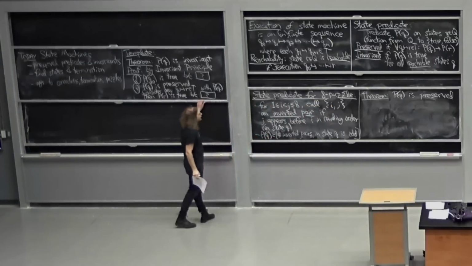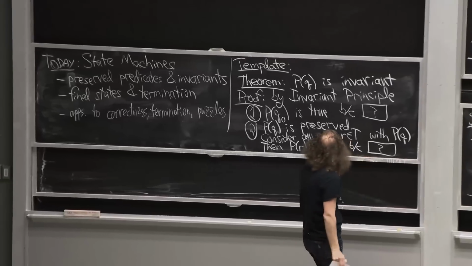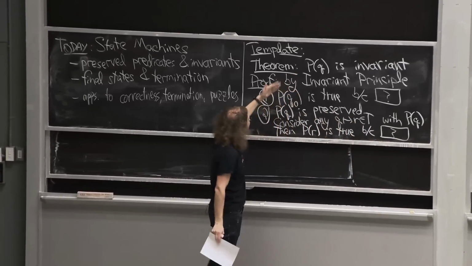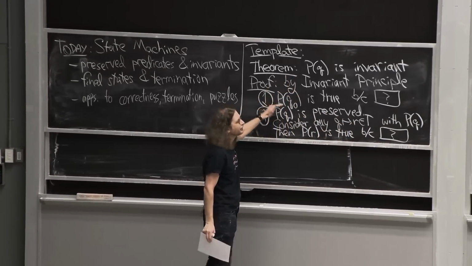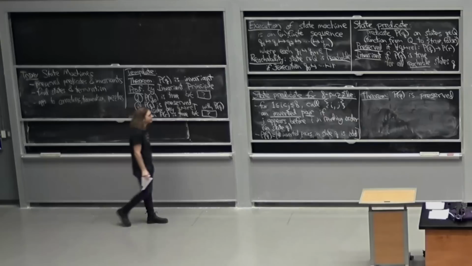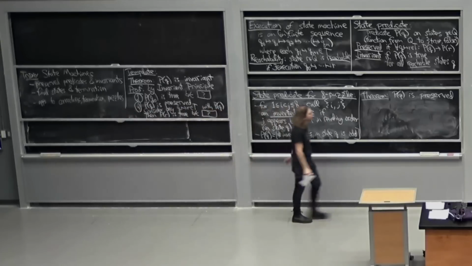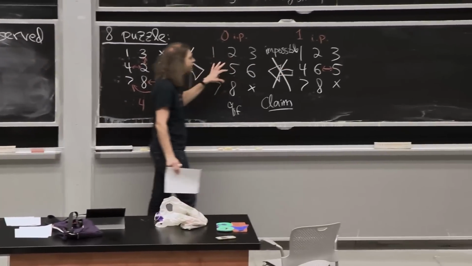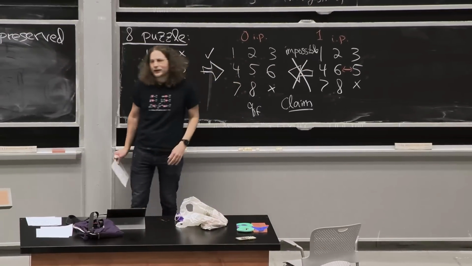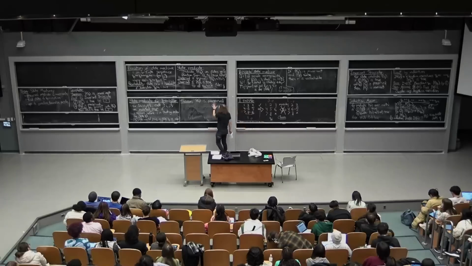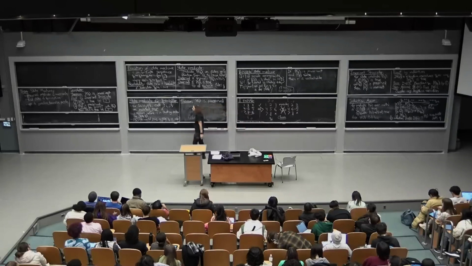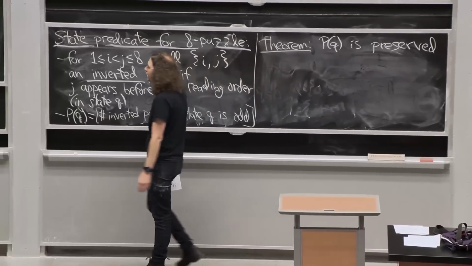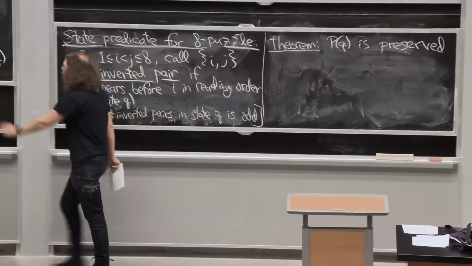The reason for the 8 puzzle that I want to talk about preserved first is that to be invariant, it depends where you start. And that's kind of particular, that's a little arbitrary. There isn't one natural start state for the 8 puzzle. You might start here, you might start here, you might start here. That'd be a very easy puzzle. But preserved is just a general property about the system. So I don't need to assume anything for that. So we want to do this part.